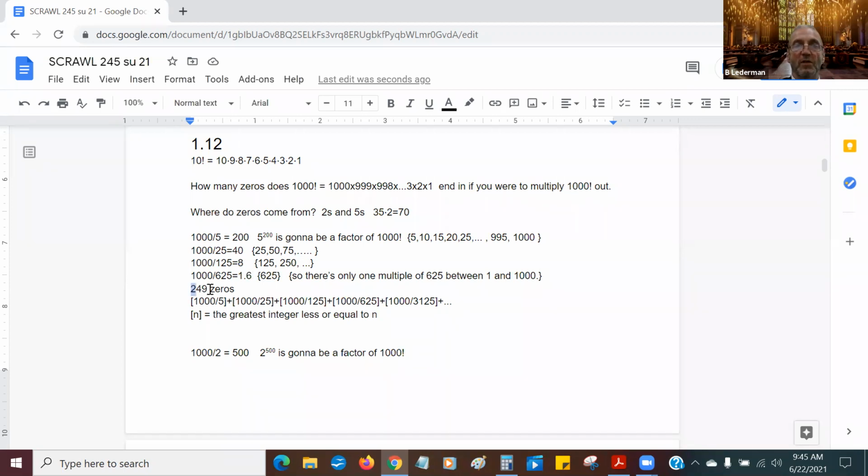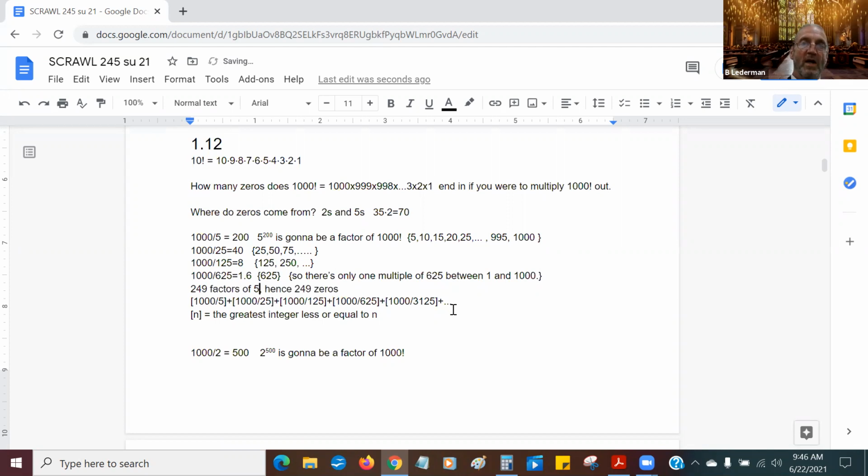So there are 249 factors of 5, hence 249 zeros. I meant to write 5 there.